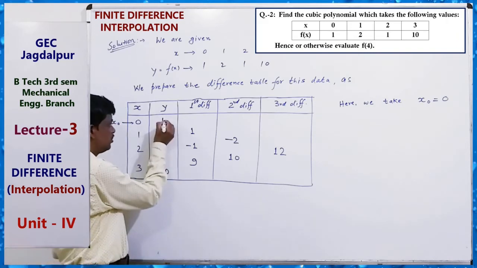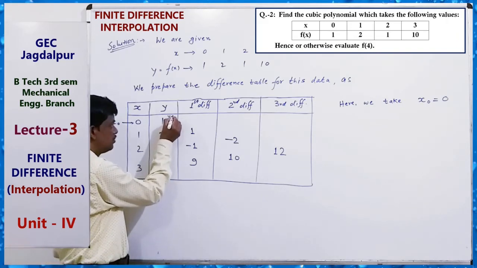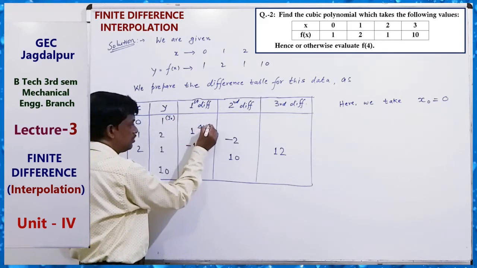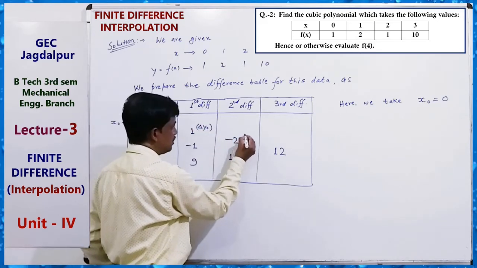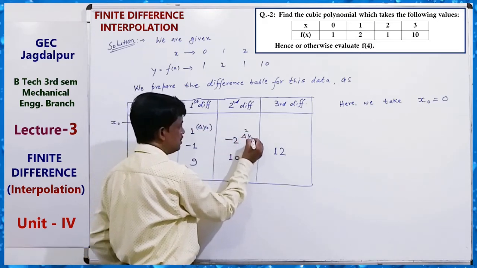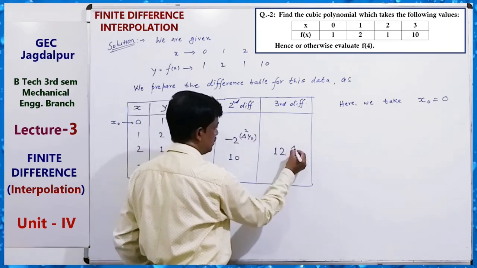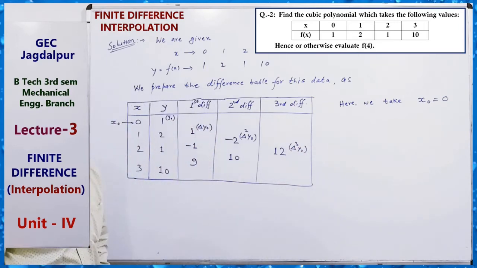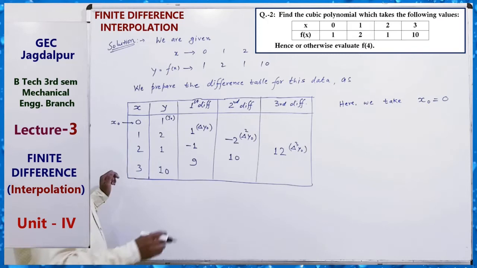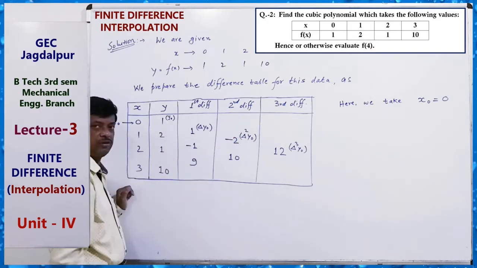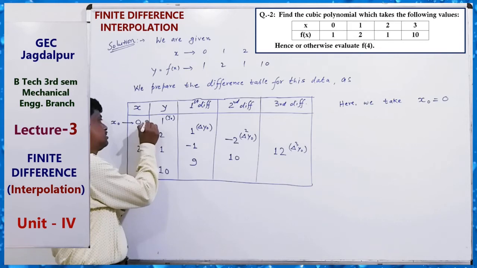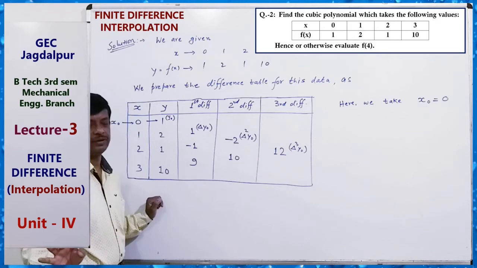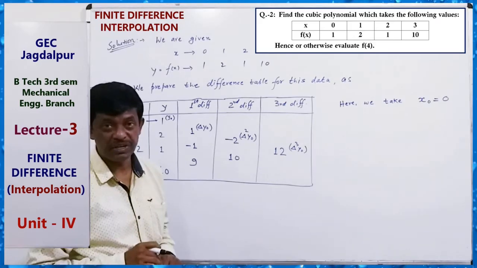Then this is y0, this is del y0, this is del square y0, this is del cube y0, for using the forward difference table. These differences are forward differences. If this is the origin, then the first leading entry is y0 and these values will be used. And we also require the value of p.